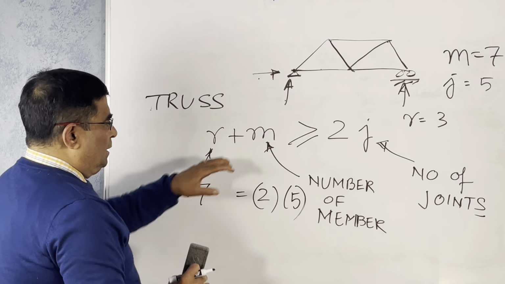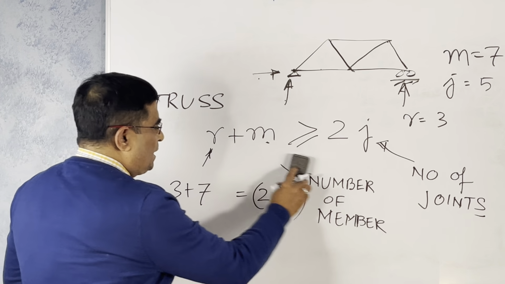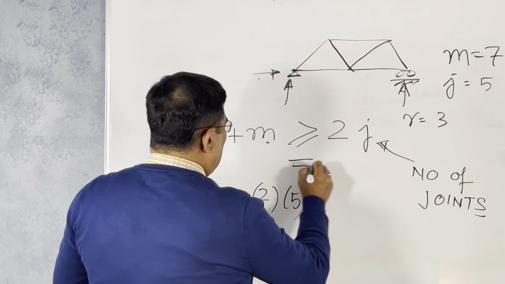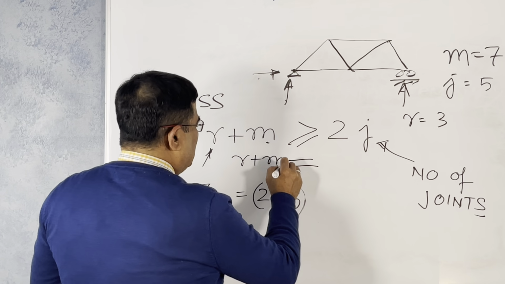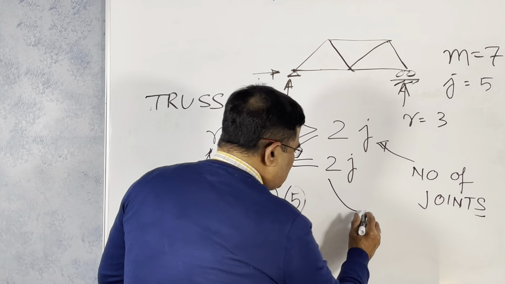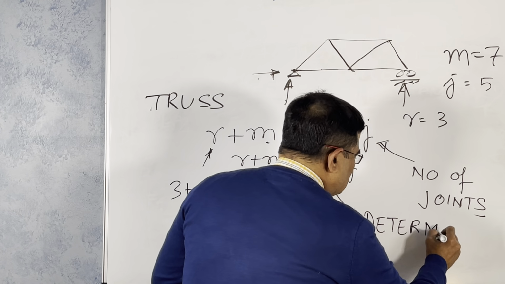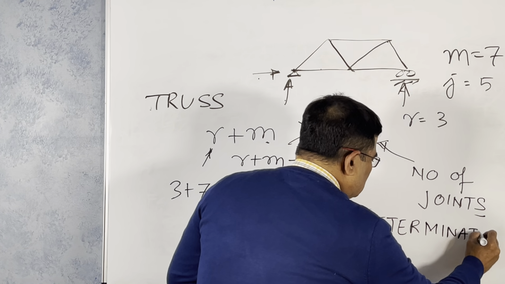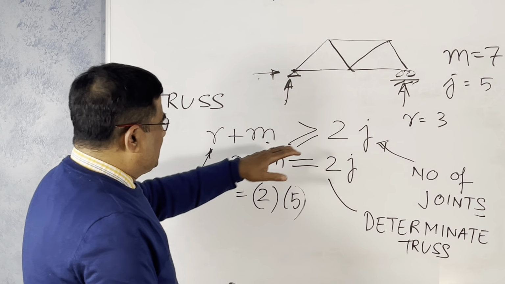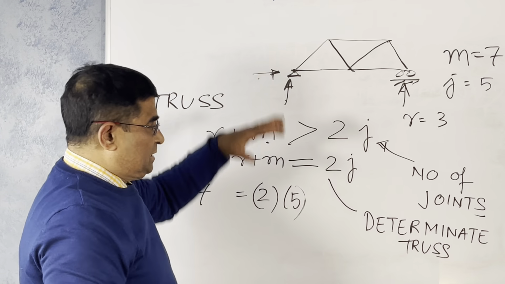This is the equation for a stable truss. The truss is stable. If R plus M is equal to 2J, it is a determinate truss. If it is greater than 2J, this is an indeterminate truss, but stable.